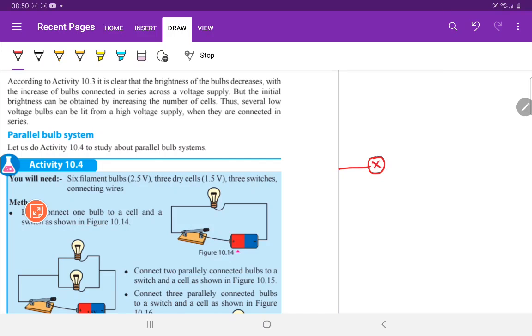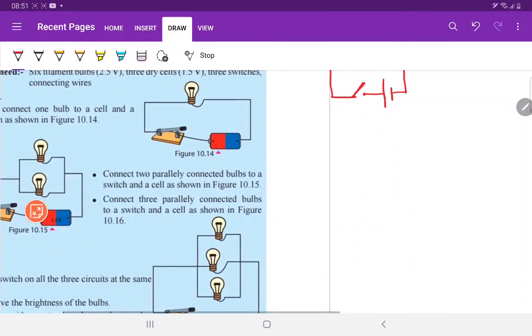one bulb, switch, positive terminal, negative terminal. Got it? Okay, the second one, children, the bulbs should be connected parallelly.